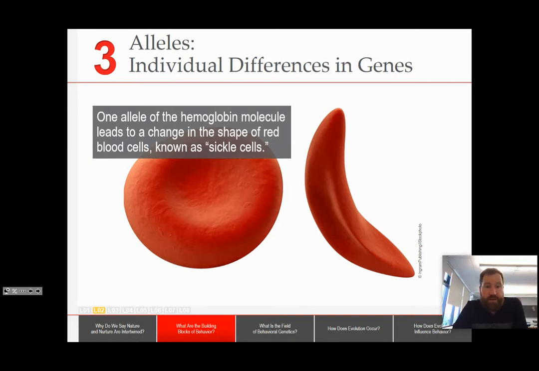That's because the sickle cells don't carry iron as well as the rounder hemoglobin cells do. So that causes anemia. But in Africa, the sickle cells are actually a preventive trait to malaria. Malaria has a harder time attacking the body if the cells are not round. So the sickle cell actually provides defense against malaria.